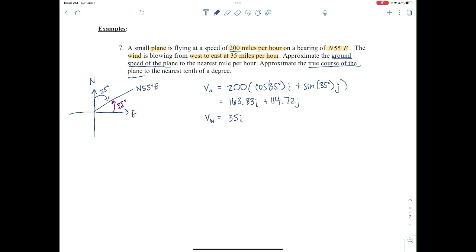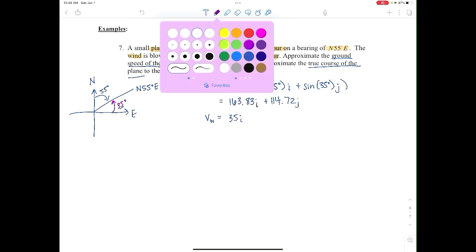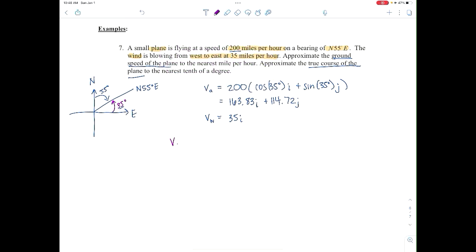Now, in order to find the ground speed of our plane, we are going to take the air speed of our plane and add the wind, and that'll give us the ground speed.